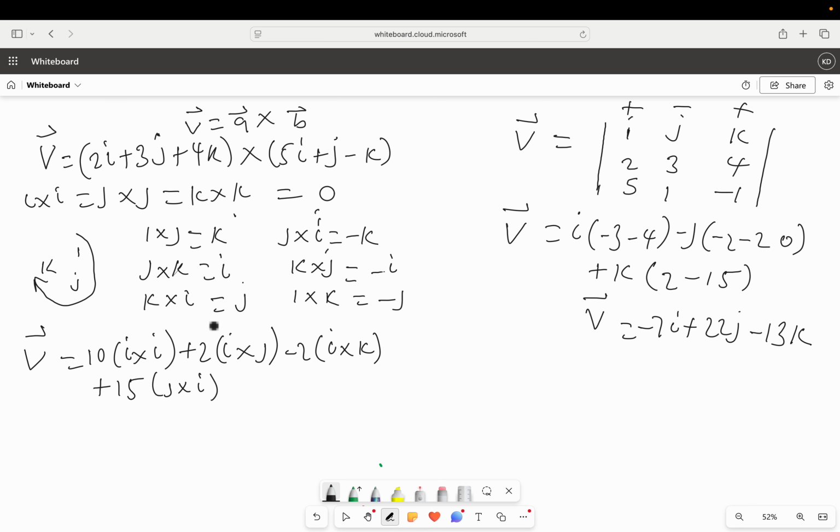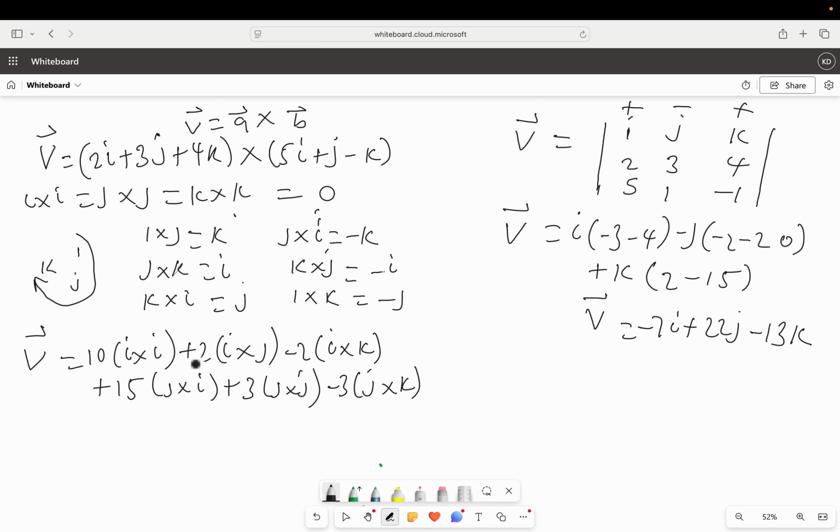Then I have 3 times 1, which is just 3. Then it will be j cross j. Then finally I have 3 times minus 1, which is minus 3. So I will have j cross k.